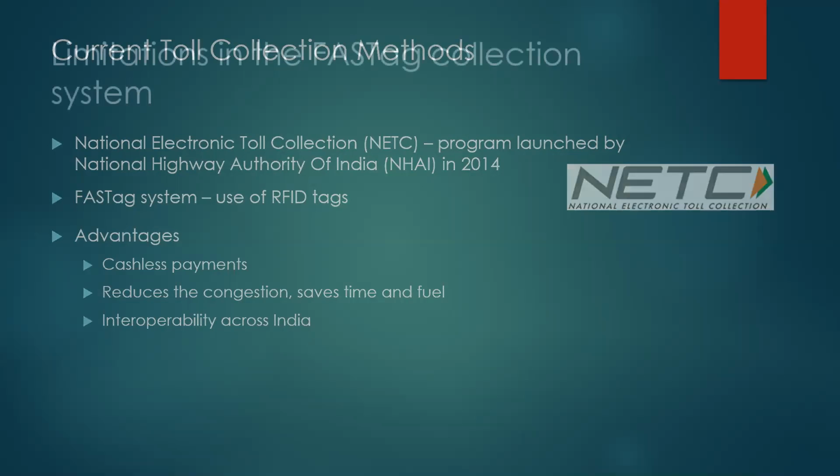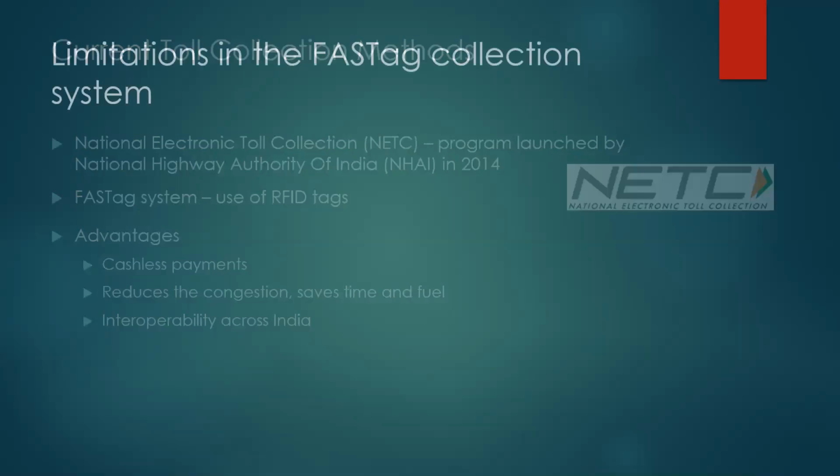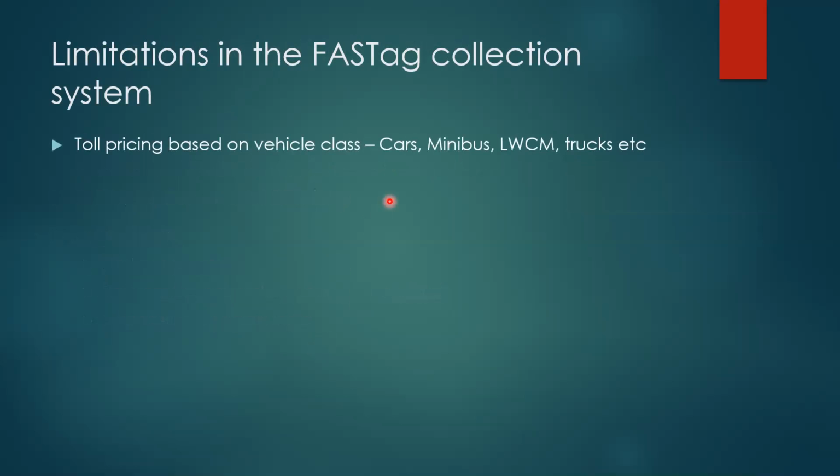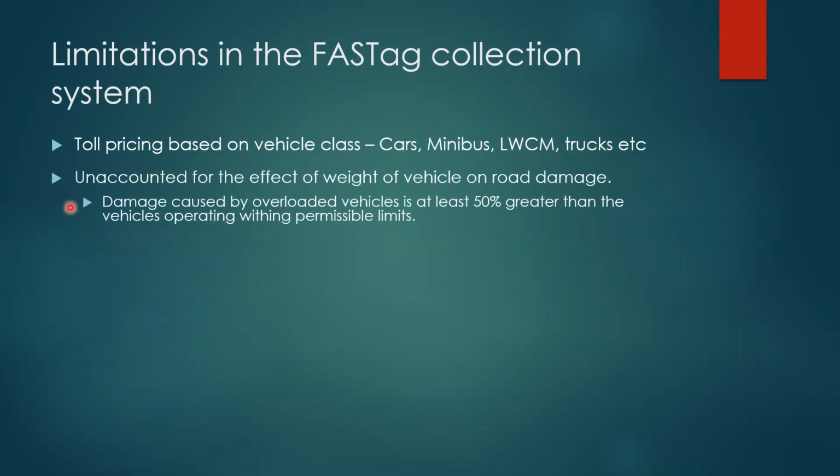Now a few limitations of this FASTag collection system is that the toll pricing is based on the classes of vehicles. In India, the RTO has divided the vehicles into different classes, say cars, minibuses, low weight commercial vehicles or trucks. So the toll pricing is based on the vehicle class, and this method of toll collection does not account for the damage caused by the weight of the vehicle on the road.